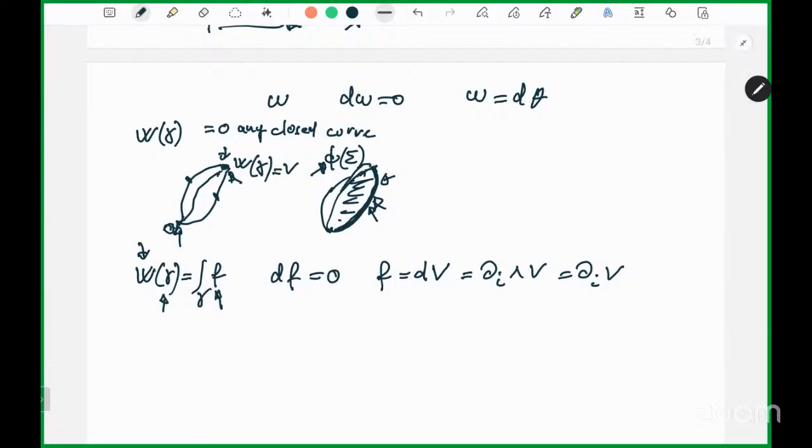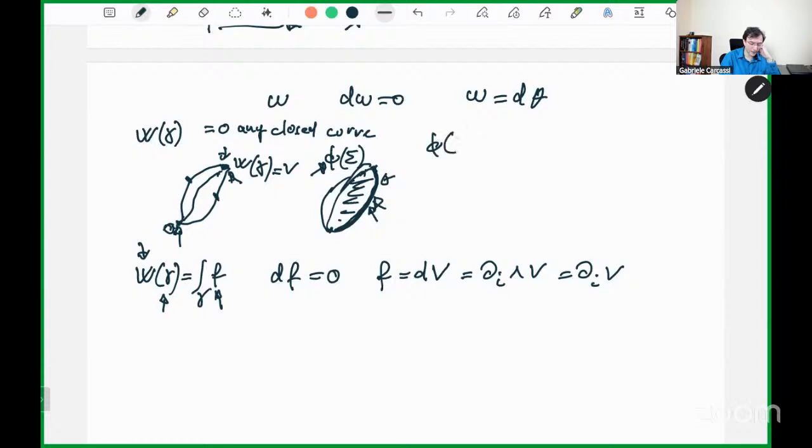And what I'm saying is that the same reasoning works for this phi, which of course now is a phi of sigma, and it's going to be an integral over sigma of my b, right? And my b now is my 2 form.